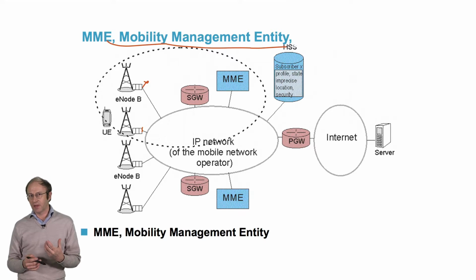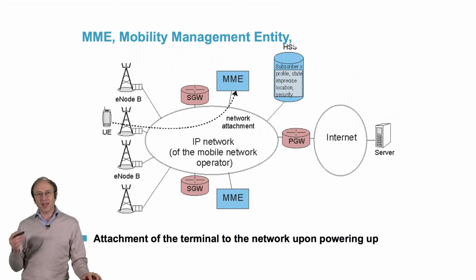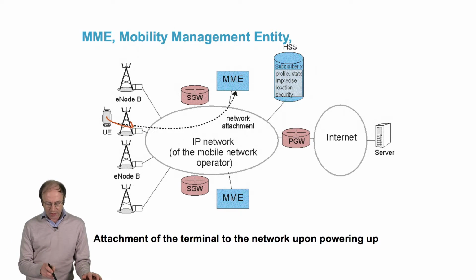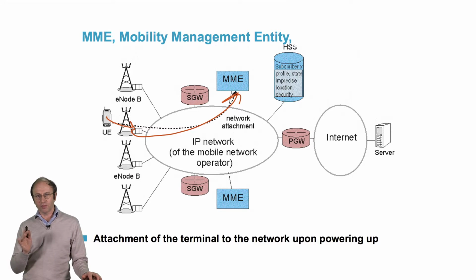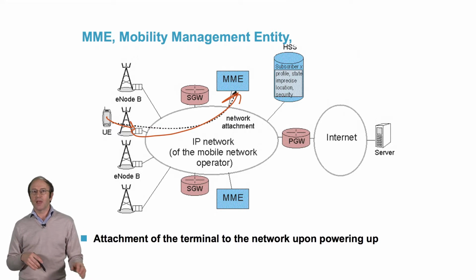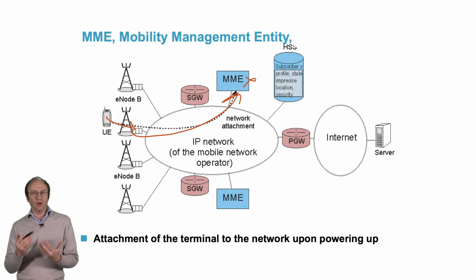This means that when I turn my terminal on, it sends a request to the eNodeB, which will send a request to the MME at the moment of what we call attachment to the network. And then the MME checks to see if it knows the subscriber.